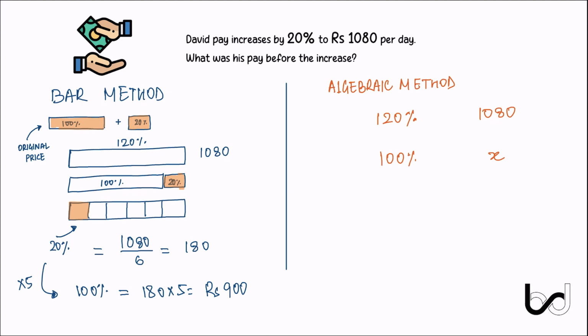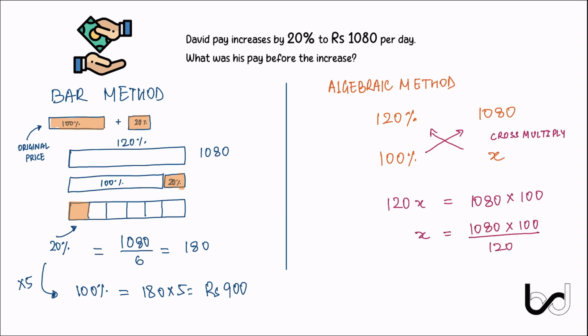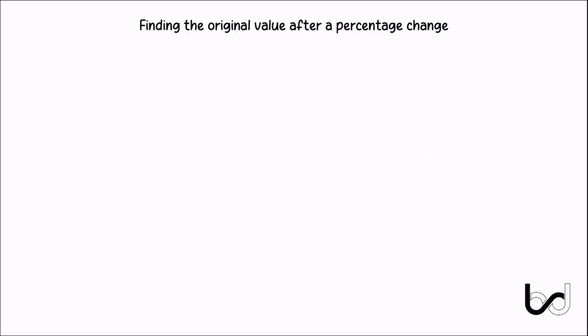Now you need to cross multiply. So 120 times x should equal 1080 times 100. Basically this is also the idea of the unitary method, but we are skipping the steps. So directly 120x equals 1080 times 100, which gives x equals 1080 times 100 divided by 120, which gives you directly 900. Clear?